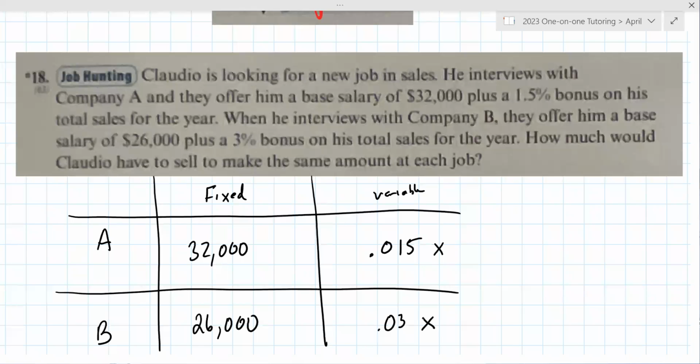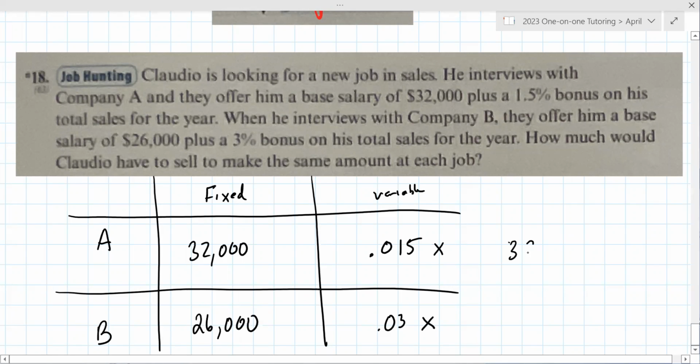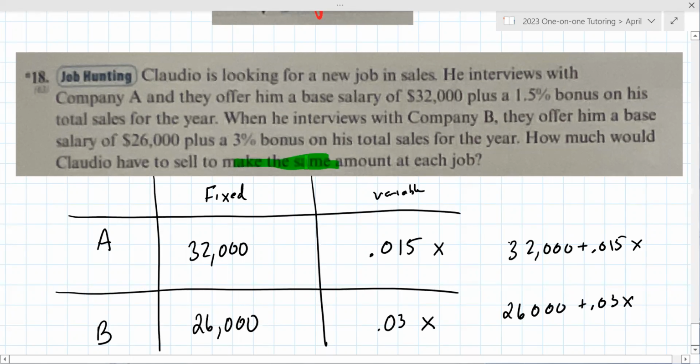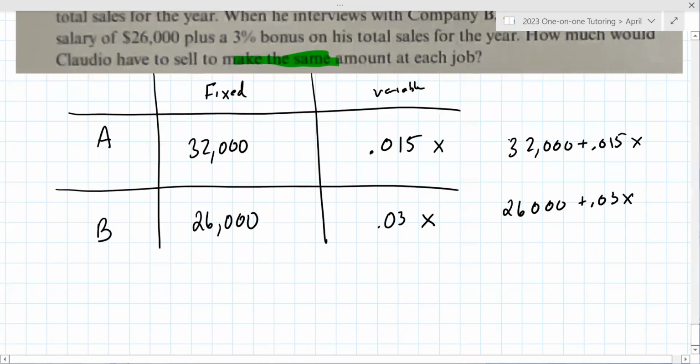So these become two equations: 32,000 plus 0.015x, and 26,000 plus 0.03x. And we're looking for where they are the same. So how do you determine where something is the same when you're given two equations?